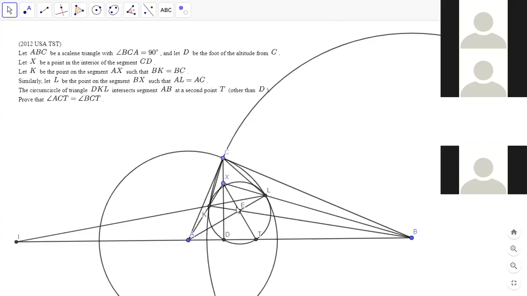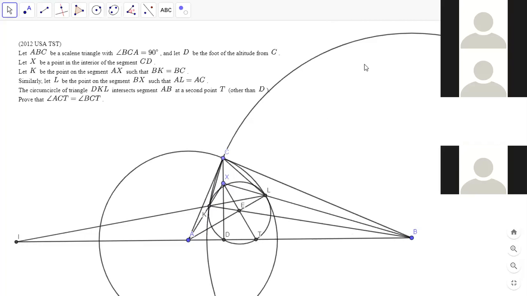Then we draw the circumcircle DKL, and it intersects AB at point P, and we want to show that basically CT bisects angle ACB. So that's the same as saying angle ACT and BCT are 45 degrees. So that's what we want to show. And everything else after that I just drew in.